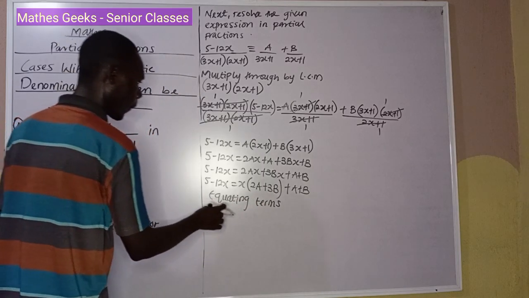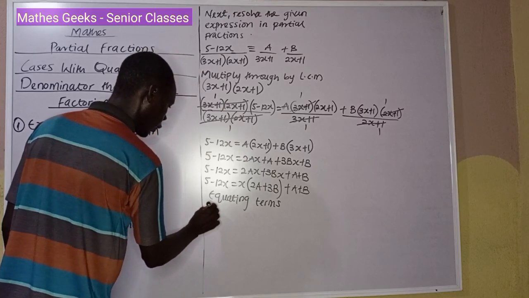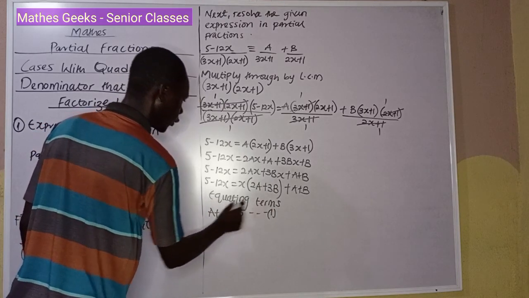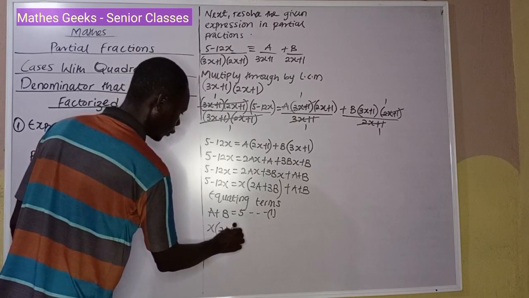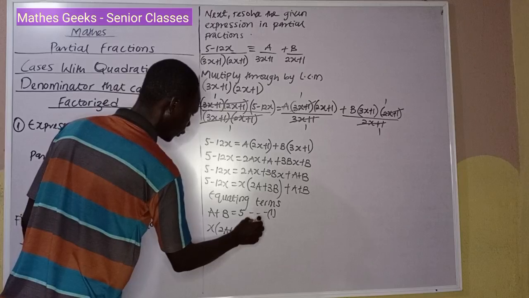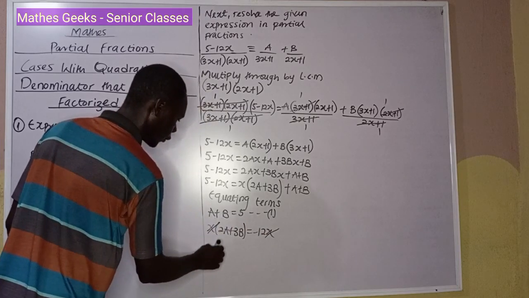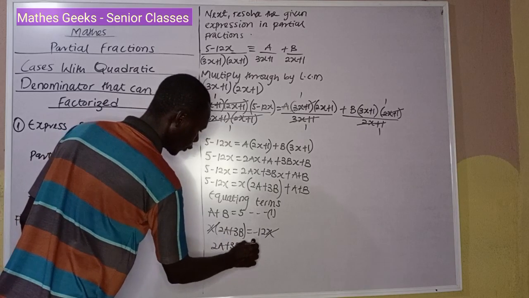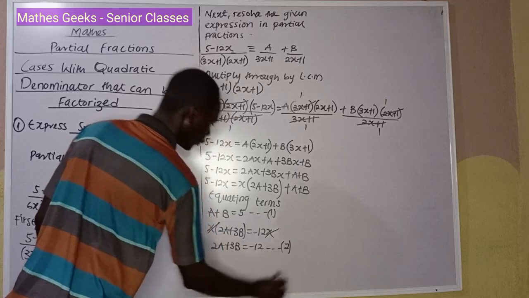So this constant equates with this constant, so A plus B is equal to 5, equation 1. And then x times (2A plus 3B) is equal to minus 12x. So x will cancel x, so this becomes 2A plus 3B equals minus 12, equation 2.